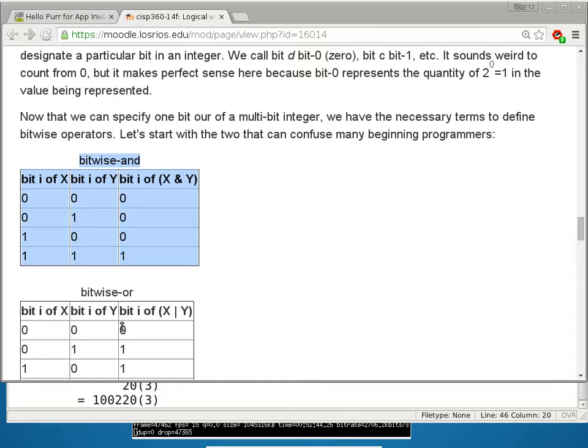One, the name: bitwise AND versus logical AND. That's just a name. But the other thing that is different is, instead of referring to the entire integer x, now I'm only referring to a particular bit of that integer. Instead of referring to the other integer y, the entire thing, now I'm only referring to one single bit of y. Instead of referring to the entire output, I'm only referring to one bit of the output.